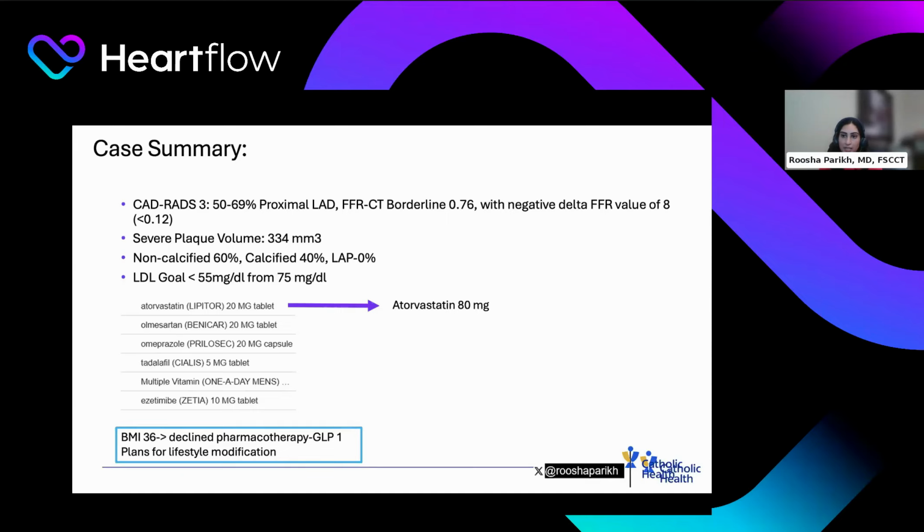With his BMI of 36, he would be eligible and a good candidate for a GLP-1, though he did decline that pharmacotherapy and wanted to plan for just lifestyle modification. He did have a history of reflux and gastritis, and he's on omeprazole. He declined the aspirin as well. So we can open up for discussion.